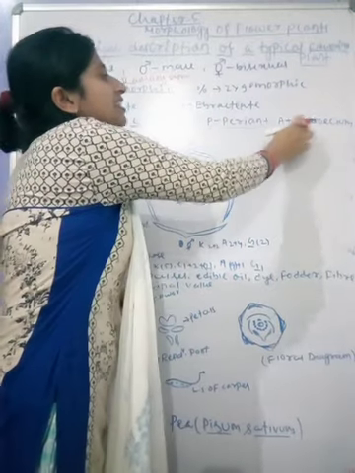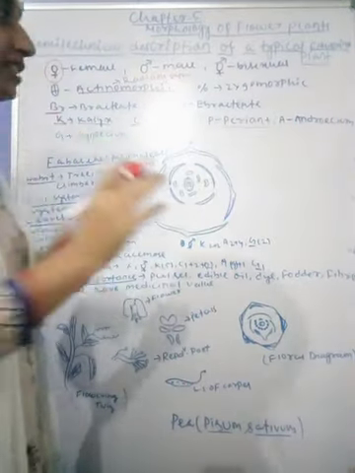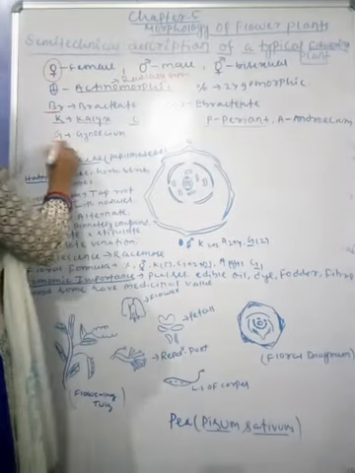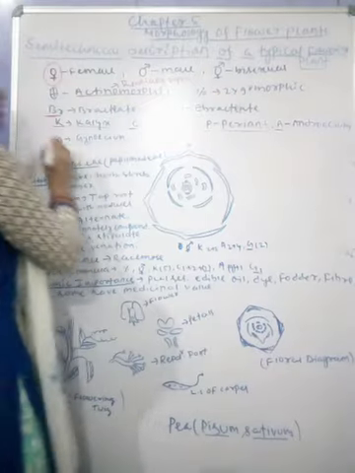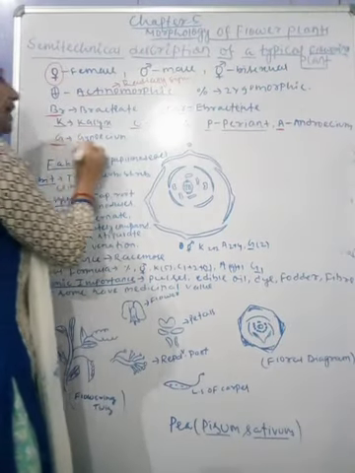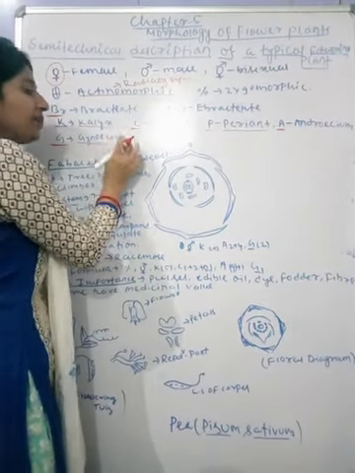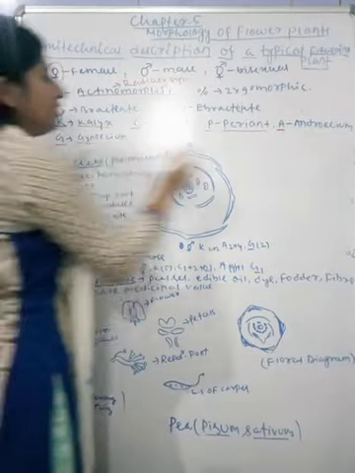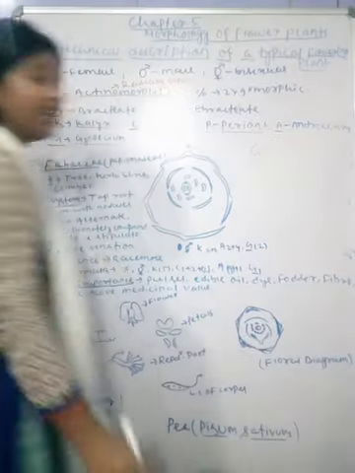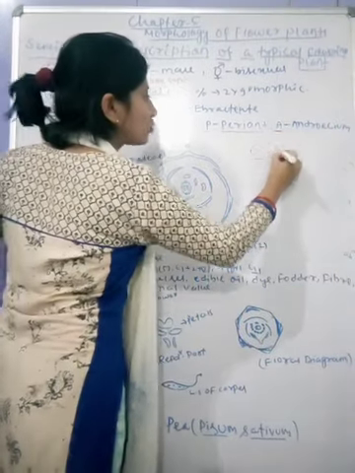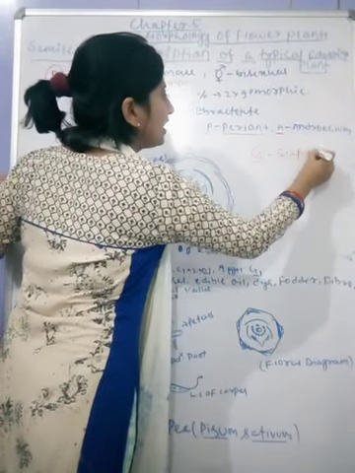Next, A is androecium, which represents the male part, and G is the gynoecium, the female part. If G is underlined, then this is called a superior ovary, meaning the ovary is superior.